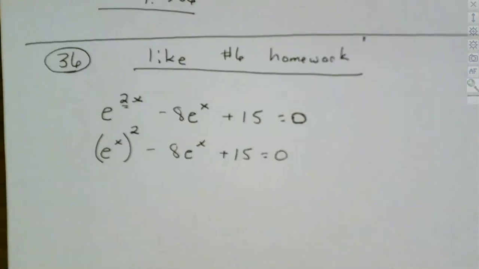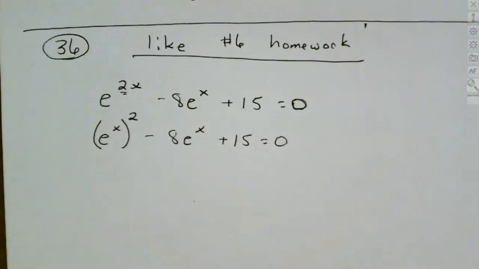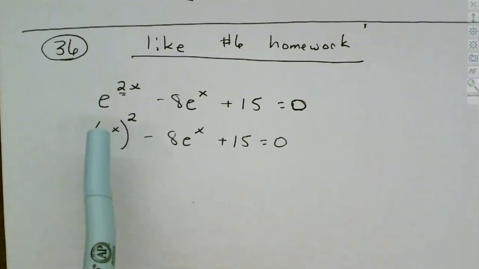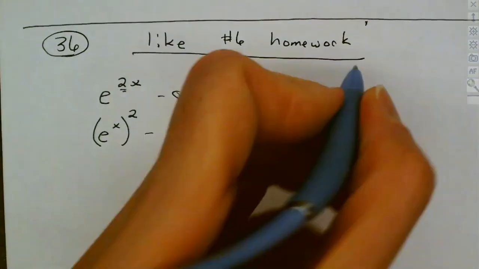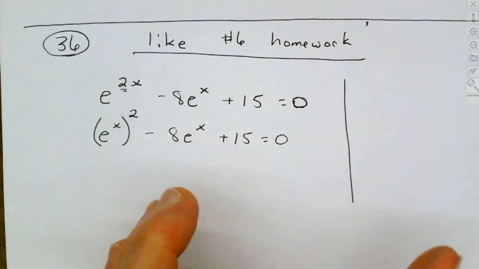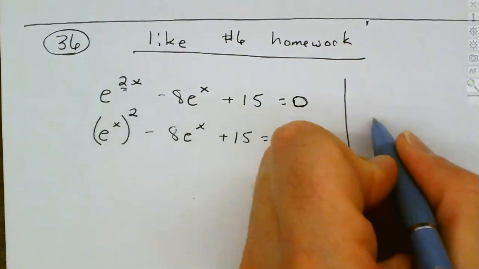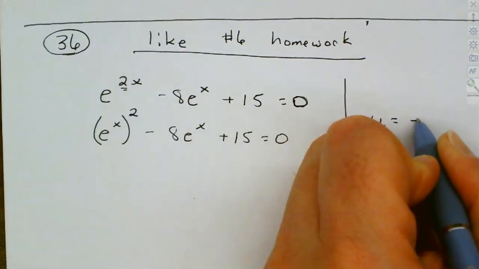Why did I do that? Well, let's think about what we have. How many terms do we have? We have 1, 2, 3. Okay, this is a trinomial, and we can factor it. But let's use a substitution so we can see a little bit easier how it works. I'm going to let u equal e to the x.